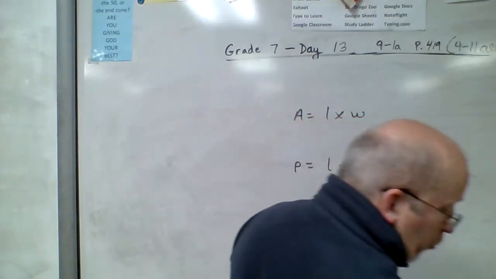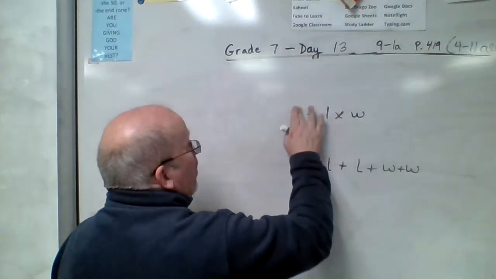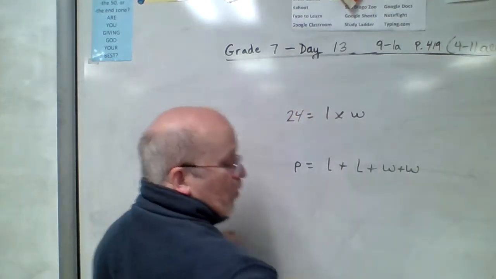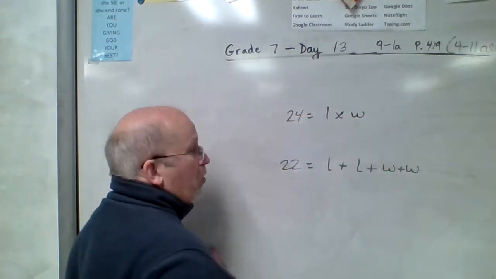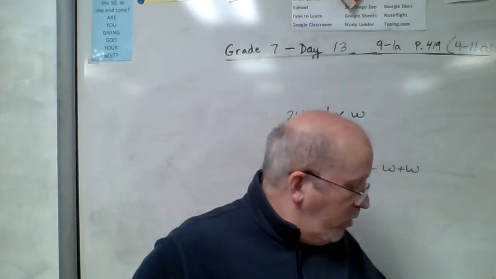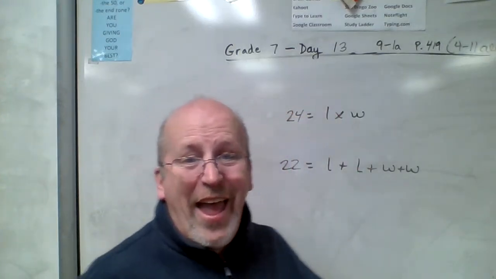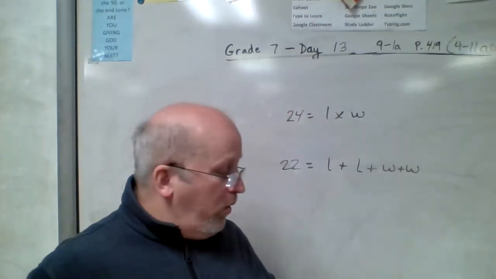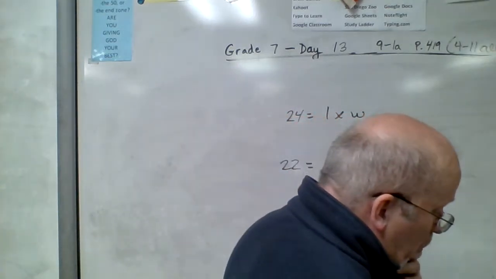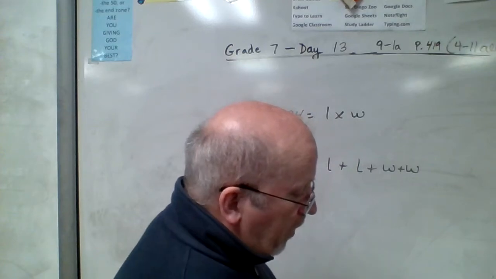So if we're told that the area is 24 and that the perimeter is 22, what you need to do is try out each of those answers in our two formulas and see where it comes out to being true.